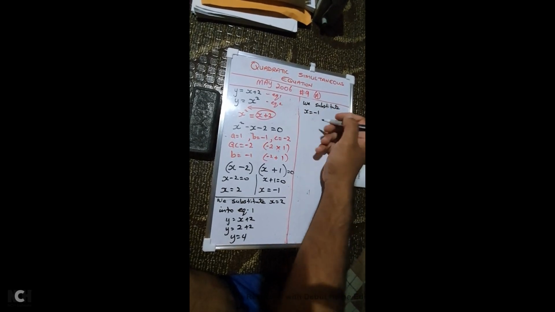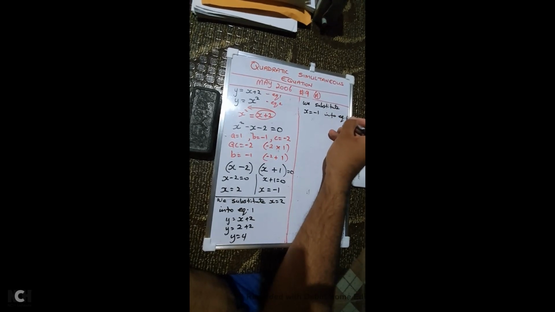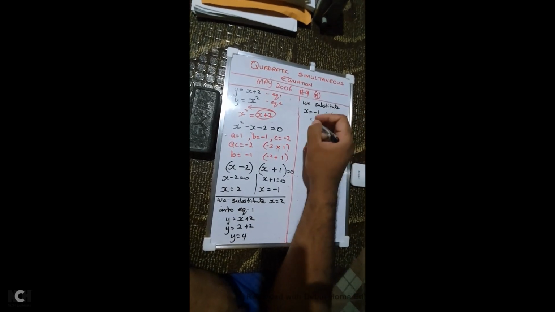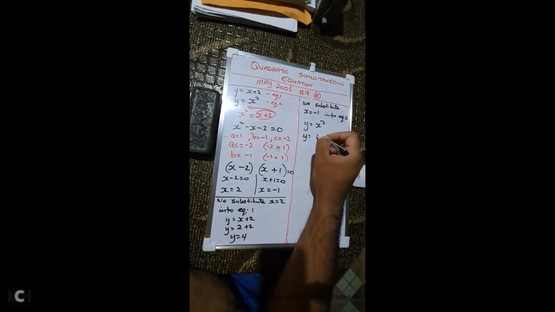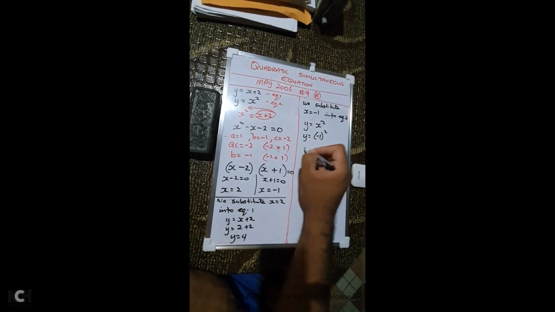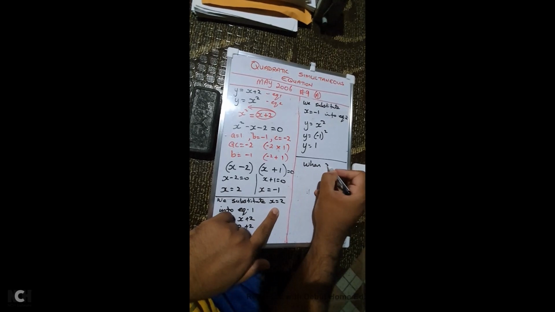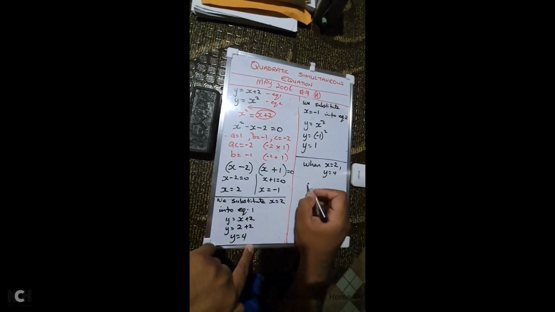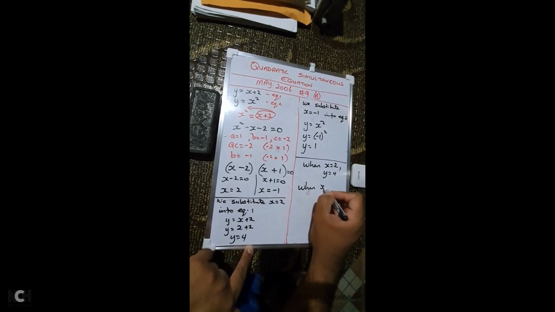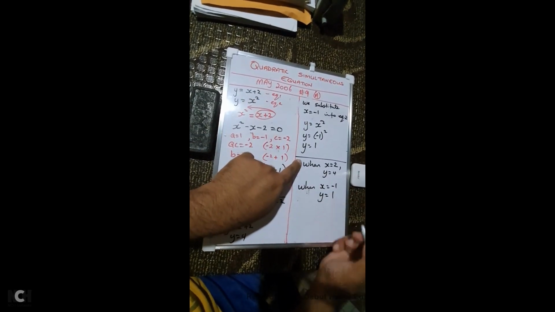Remember, it doesn't matter which equation you use. So let's use equation 2. So y is equal to x squared. y is equal to negative 1 squared. y is equal to 1. So our solution: when x is equal to 2, y is equal to 4. And when x is equal to negative 1, y is equal to positive 1.